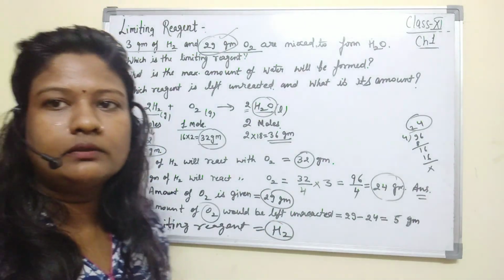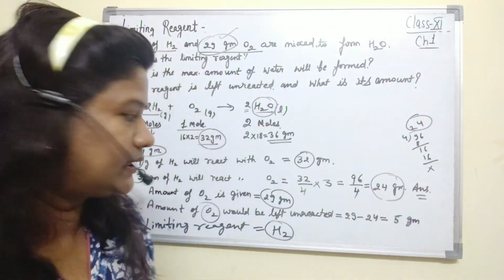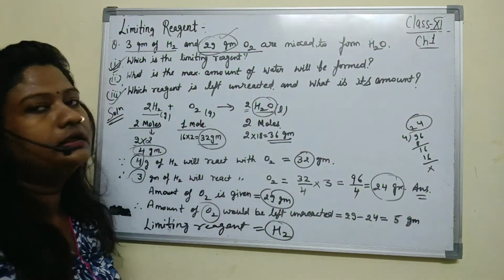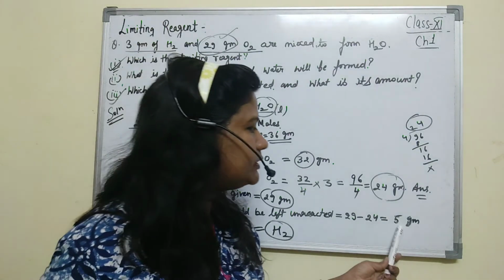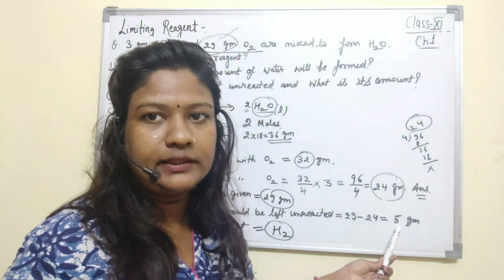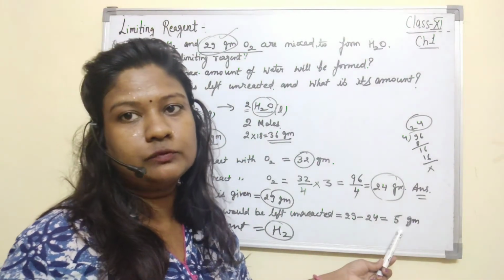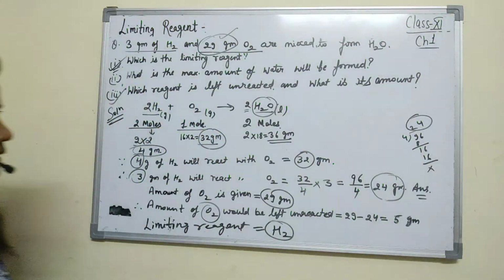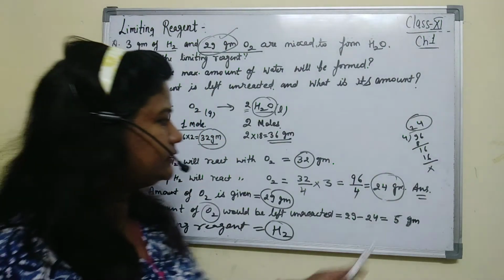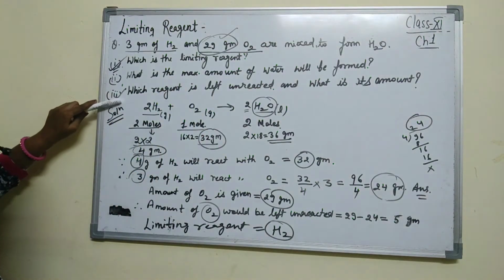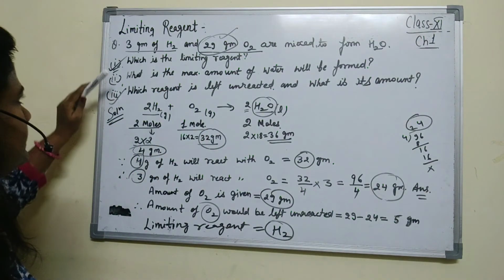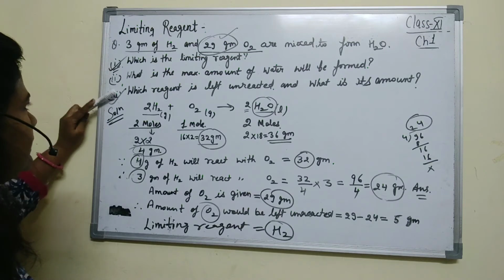Hydrogen would be your limiting reagent, and O2 will be your excess reagent because it is left unreacted. And how much amount would be unreacted? 5 gram of O2. Okay, and what amount will be consumed of O2? 24 gram. So we have got the answers of question number 1 and 3.